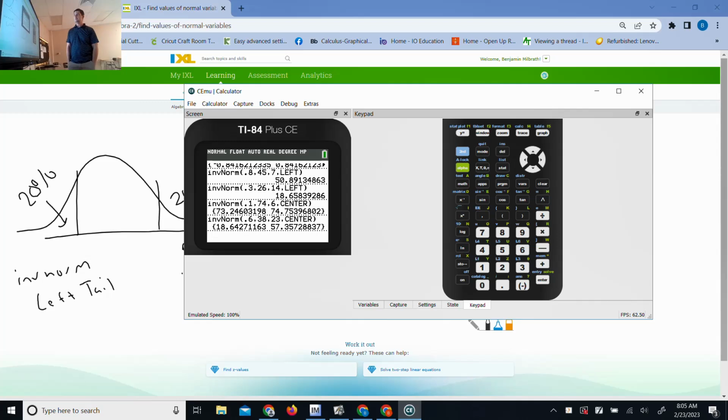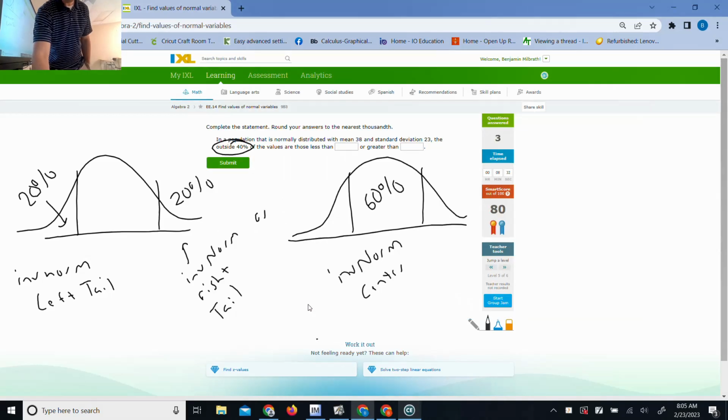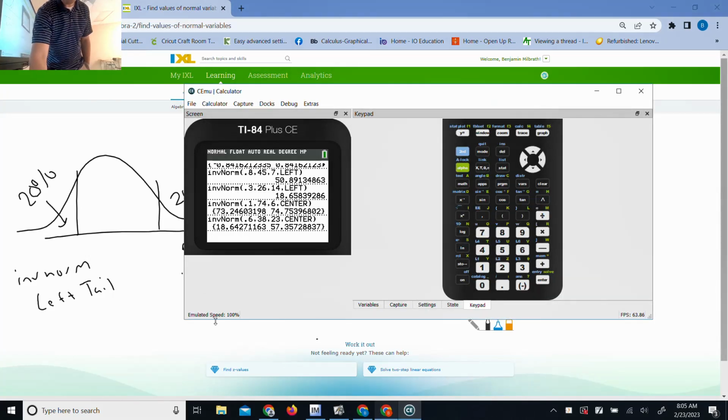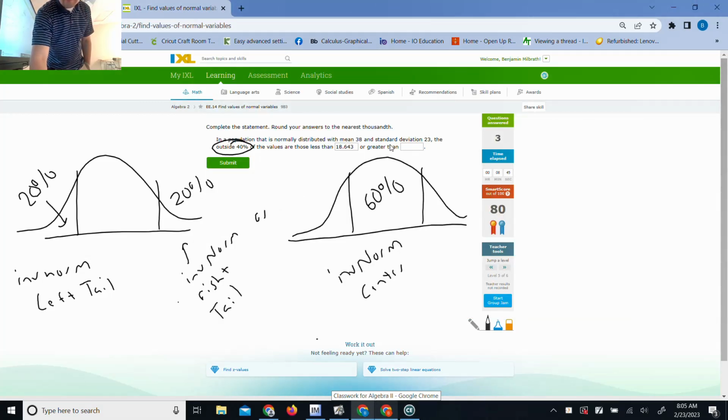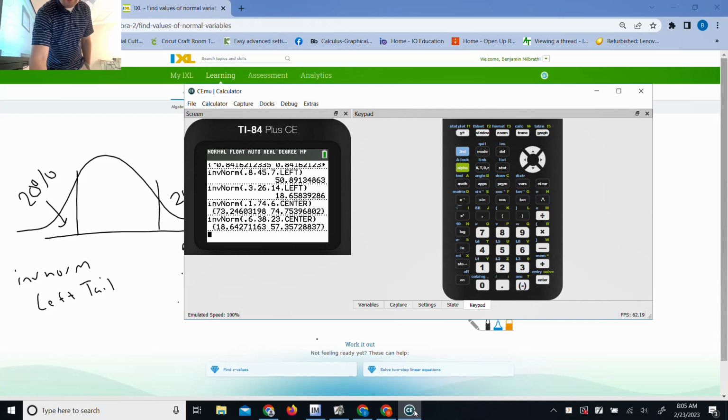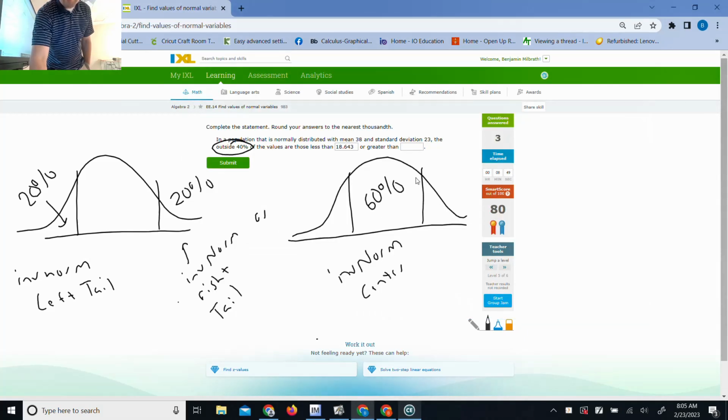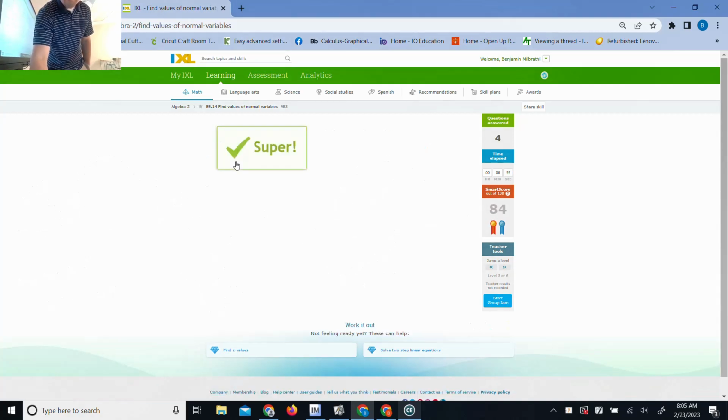So I got 18.643 on the left. And on the right-hand side, I have 57.357. Done, forget it. Super.